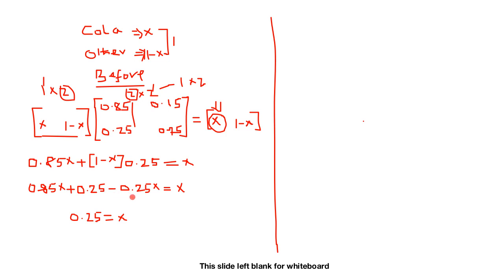This negative 0.25x, if it crosses the equal sign, becomes positive 0.25x. Remember, we are collecting the like terms, so minus 0.85x.